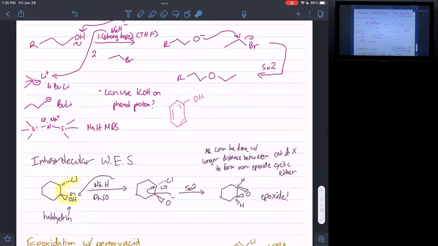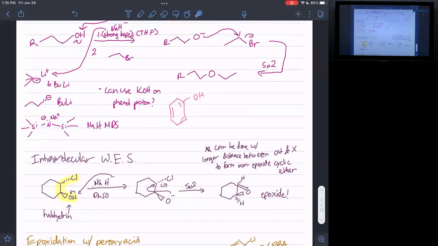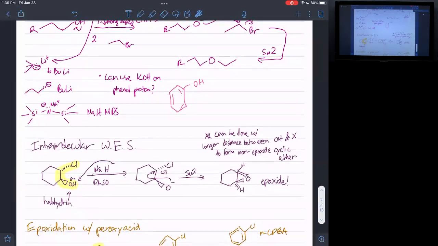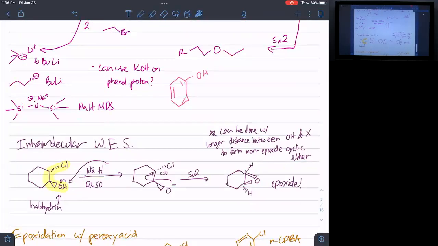And then we can also do an intramolecular Williamson ether synthesis, which is where you have these vicinal things. You have a vicinal alkyl halide and also an alcohol. The proper name for this is a halohydrin. So if you have a leaving group and this nucleophile one carbon away from each other, you can go ahead and, well, not even one carbon away. As long as they're on the same molecule, the intramolecular Williamson ether synthesis would happen.